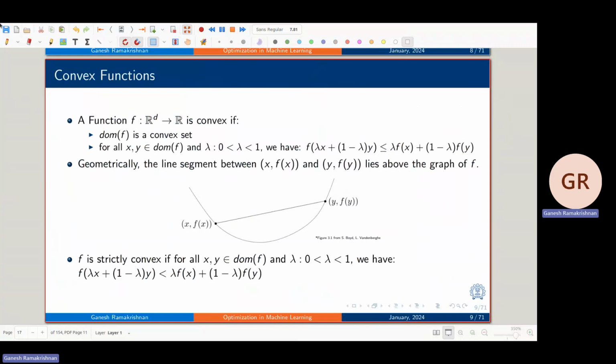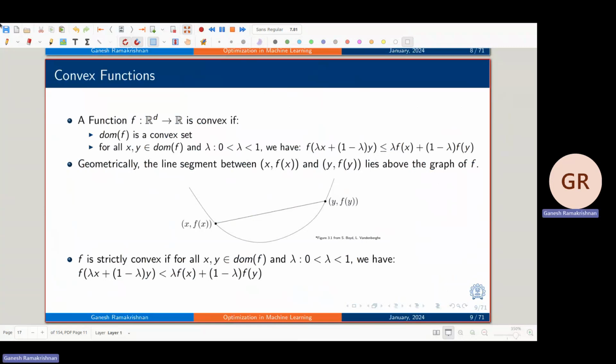Okay, so basically saying that if it's strictly less than, then f is strictly convex. Now there are other variants where you look at the gap being strictly greater than 0, but also as a function of how far x is from y.